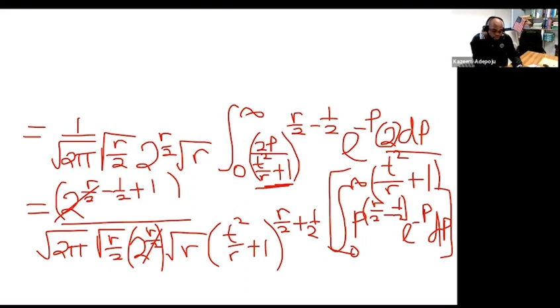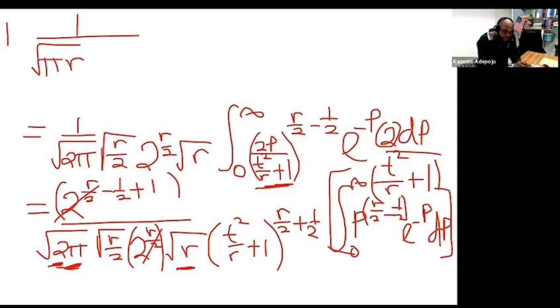The square root of 2 actually cancels the square root of 2 here, and I'm only going to be left with the square root of pi. So if I want to rewrite the whole thing, I'm going to have 1 over square root of pi, and there's a square root of r. I can combine them.